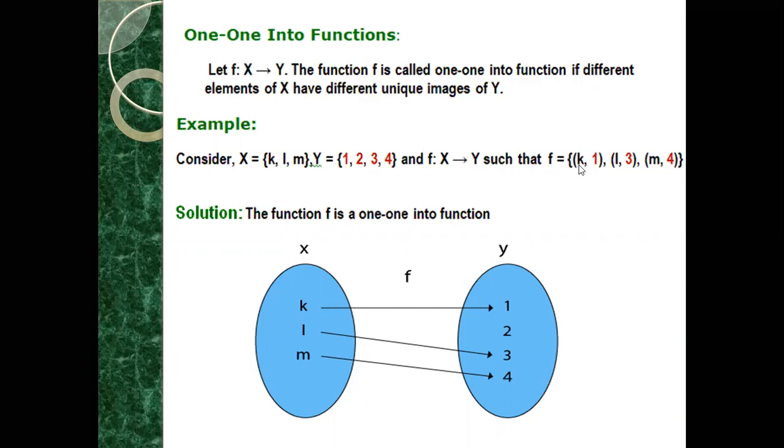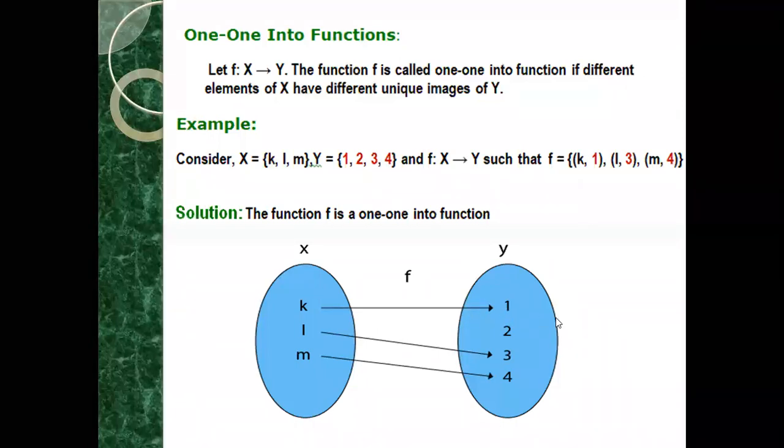Here the domain set is {k, l, m}. The images in the codomain are 1, 3, 4. Into means an element of the codomain doesn't have a pre-image.